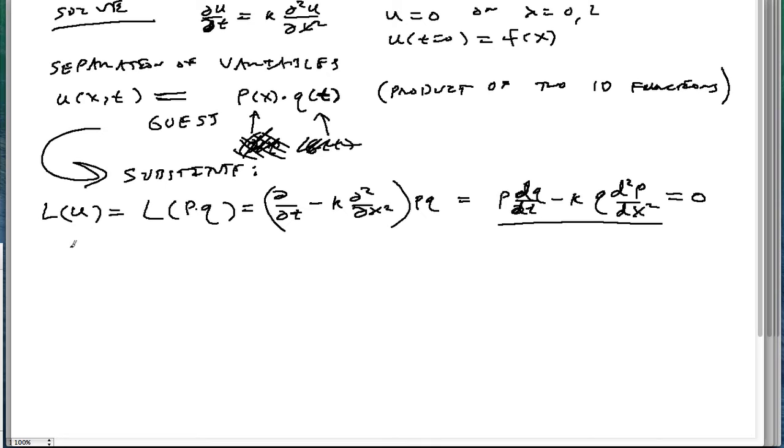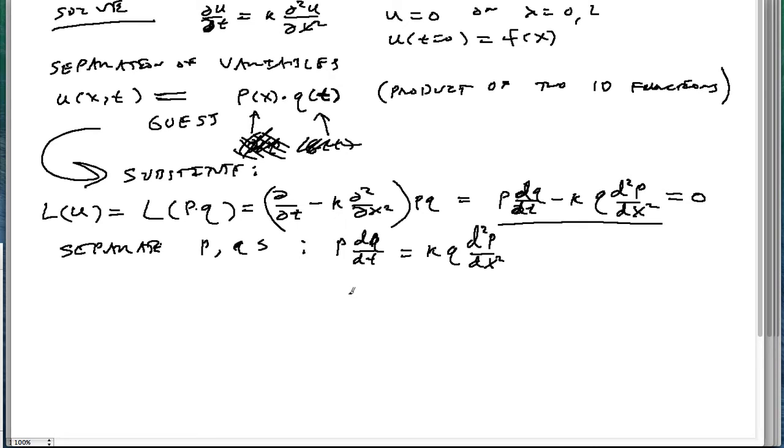This is where we do the separation. We're going to separate p and q's. What we do is separate by subtracting across or adding across. So q times dq/dt is equal to k times the second partial with respect to x of p.